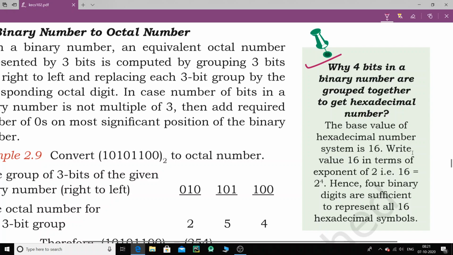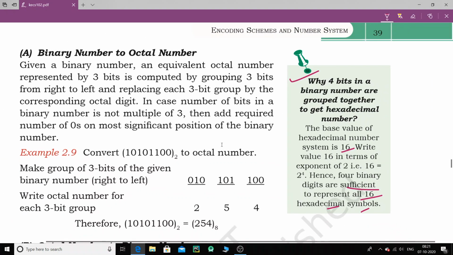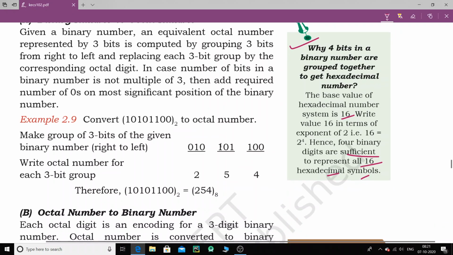The base value is 16 basically, and at most it is going to take 4 bits, hence 4 digits are sufficient to represent all the 16 hexadecimal symbols, just like what we saw before in the table, and the same goes for the octal number system. So it's pretty easy.